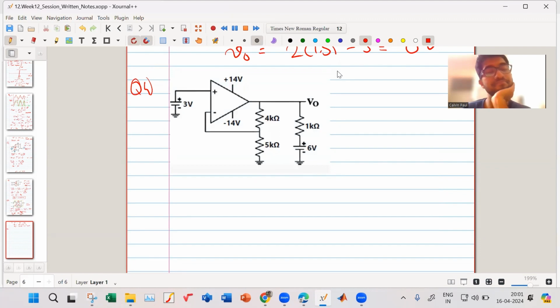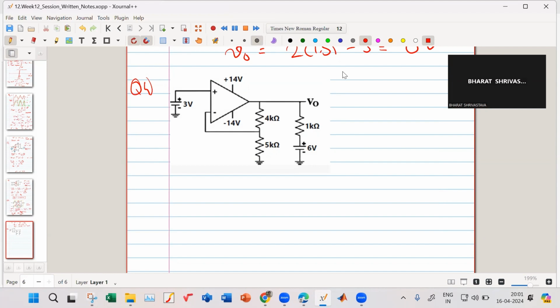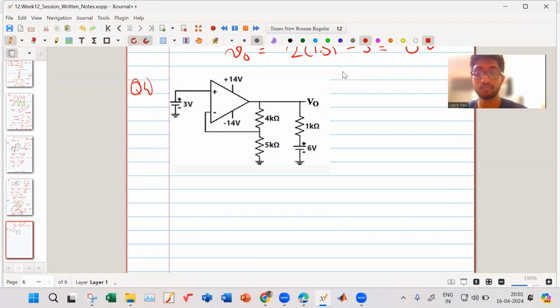So how will you solve this sum? How will you solve it?